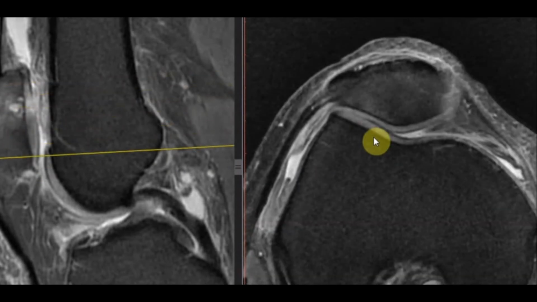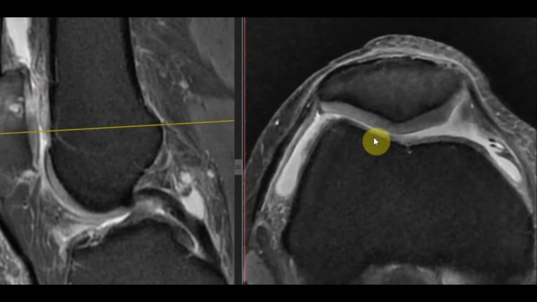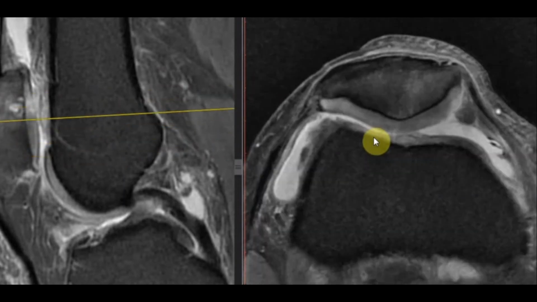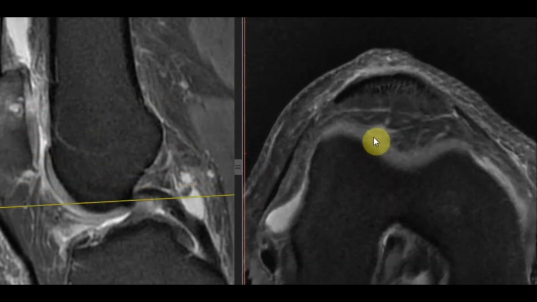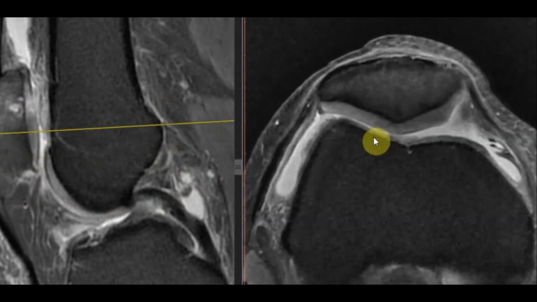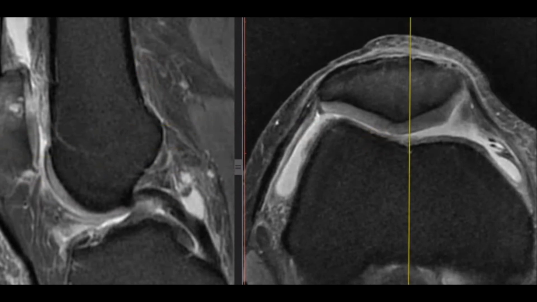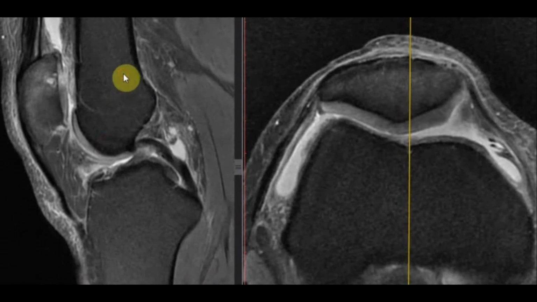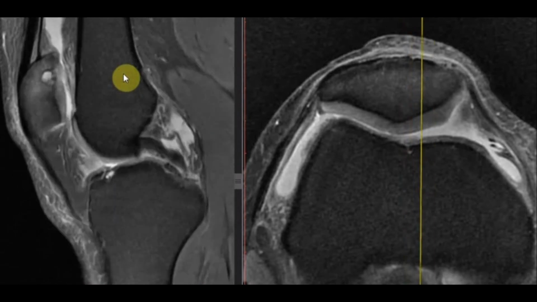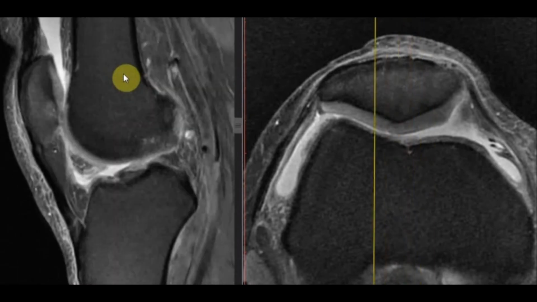There is degeneration involving the articular cartilage covering the patella, and there is underlying marrow edema and cystic changes. We can grade these cartilage injuries with the grading systems that we have. These are the Outerbridge classification, and the other one is the International Cartilage Repair Society classification of cartilage injuries.